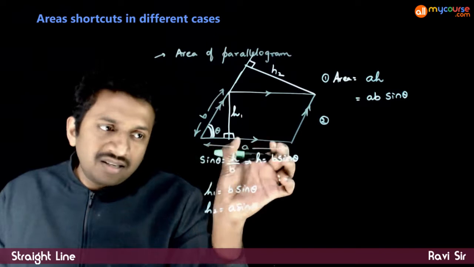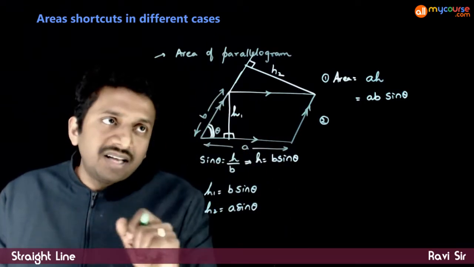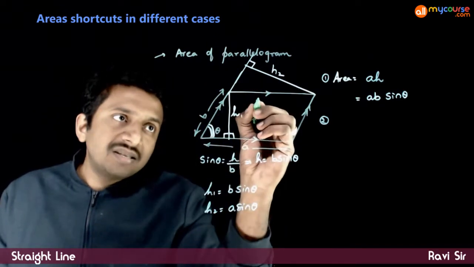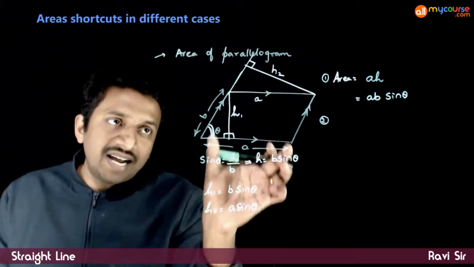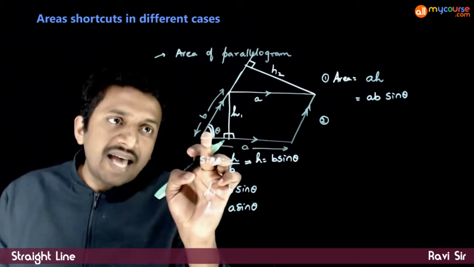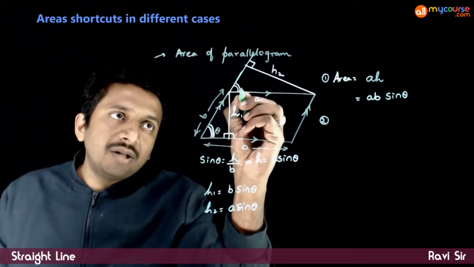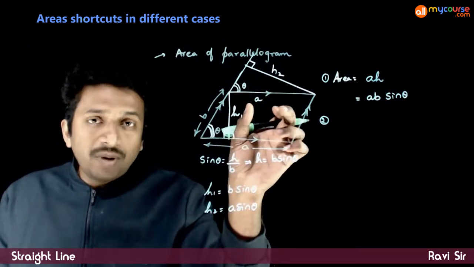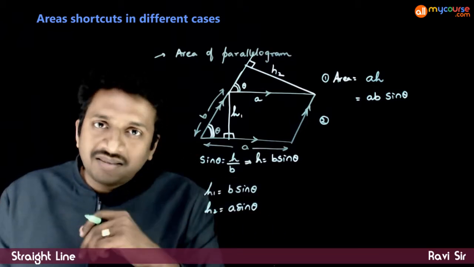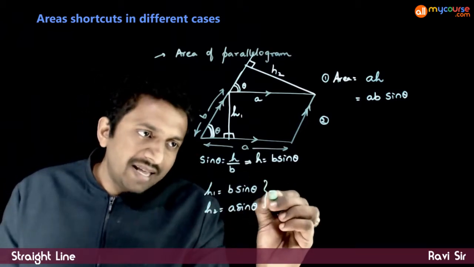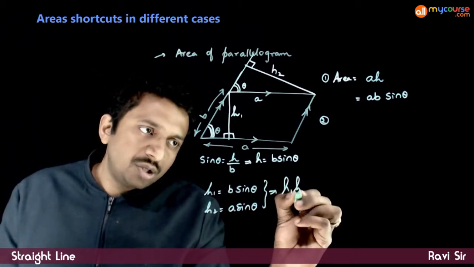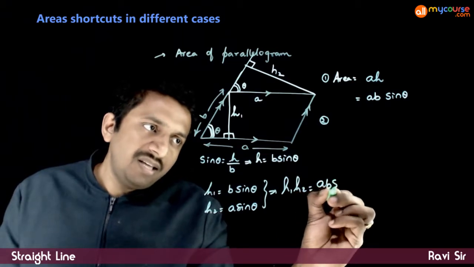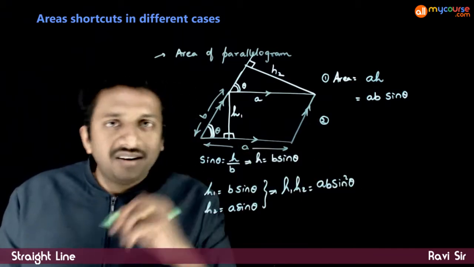H1 is B times sine theta, and H2 is, if this side is A, this is also A. If this angle is theta, this angle is also equal to theta. So sine theta is H2 by A, so H2 is equal to A sine theta. So H1 H2 is equal to AB sine square theta.